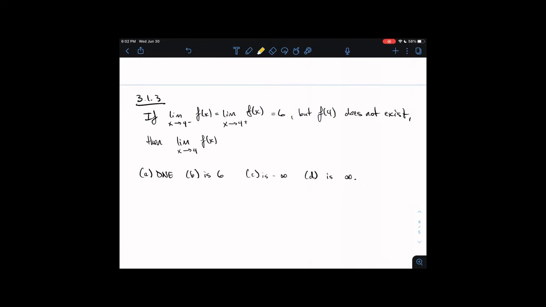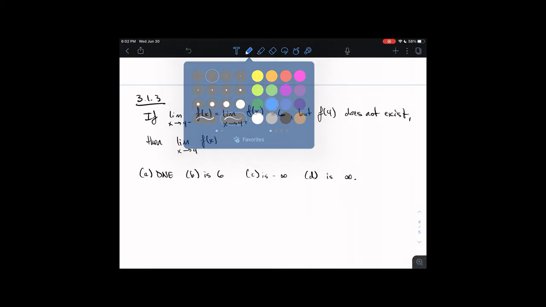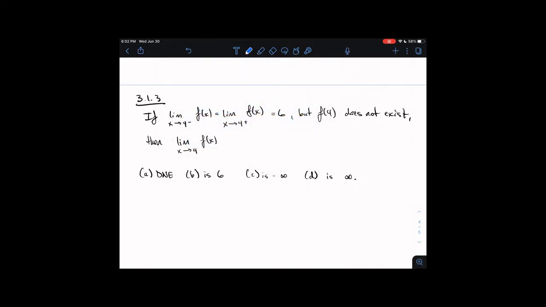It's testing if you know what a limit is, or what a limit means. I'll give you the answer first, and then we'll go over what limits are and why they are the way they are. So the answer is B.